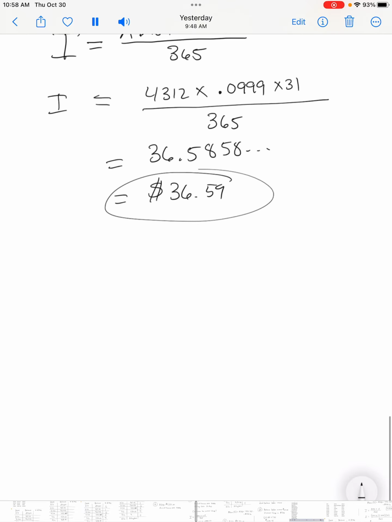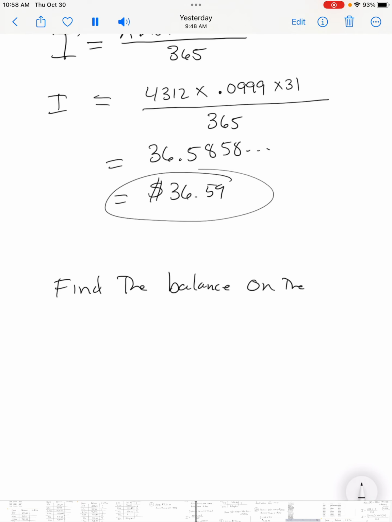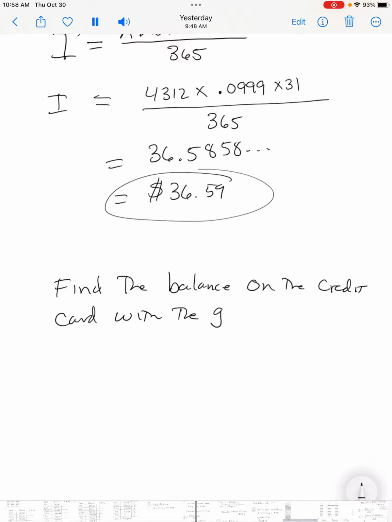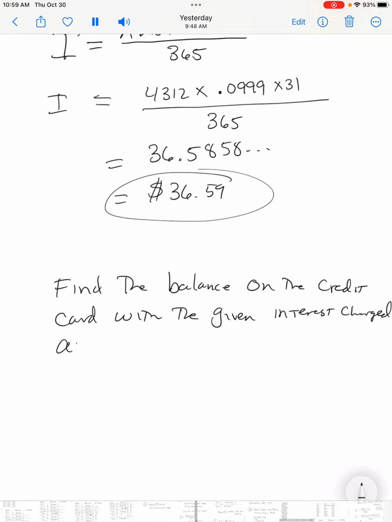Awesome. As you get into the next group of problems, they want you to find, this is what it says, find the balance on the credit card with the given interest charged and balance before interest.